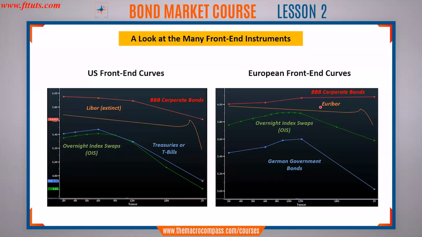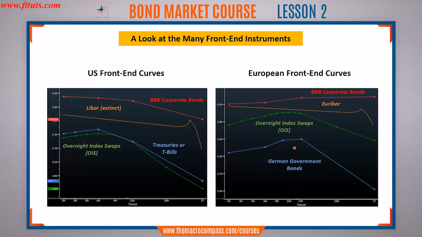In Europe, if you look at the front-end curves, you find a similar situation with quite different mechanics when it comes to the difference between German government bonds and the overnight index swaps for Europe. Again, as a reminder, overnight index swaps in Europe represent the market implied path ahead for European Central Bank interest rates. Risk-free, therefore, being a deposit at the domestic central bank.